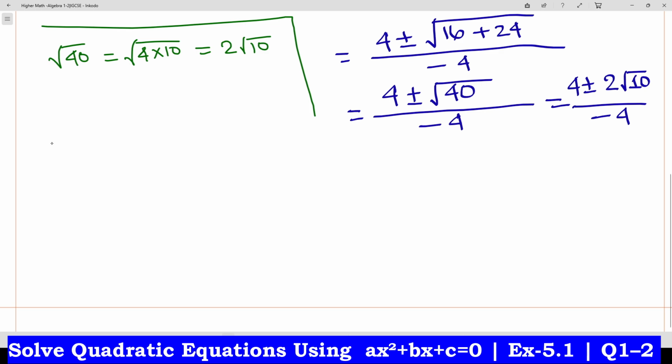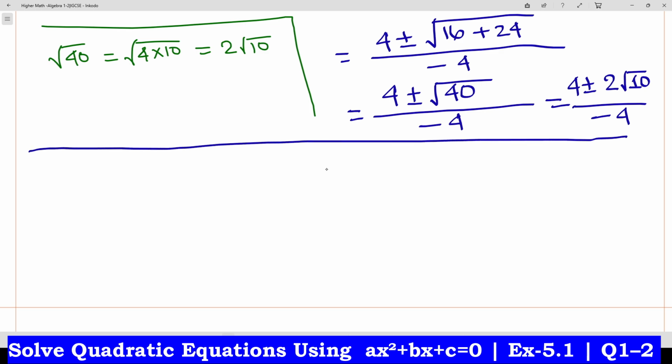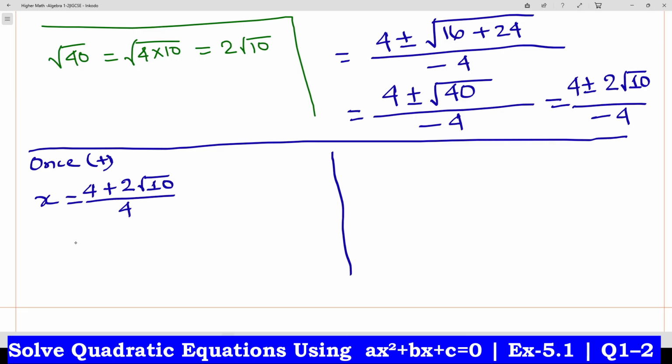Now we have to find out what is the value of x. Once positive, then x equals to 4 plus 2 root 10 divide minus 4.